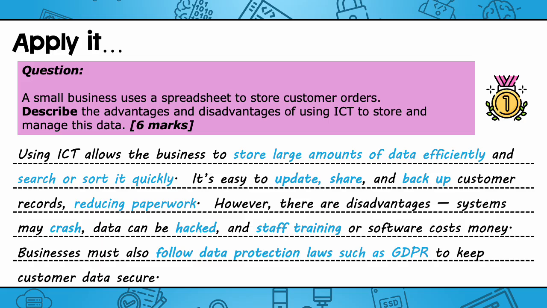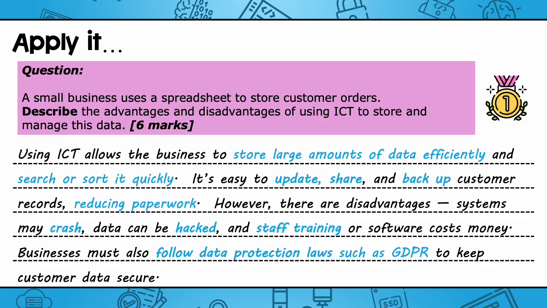Right, so using ICT allows the business to store large amounts of data efficiently. So we've given an advantage of using ICT straight off the bat, and search and sort it quickly. So another advantage. It's easy to update and share and back up. So we've talked about some advantages really quickly there. Easy to update, share and back up customer records, reducing paperwork.